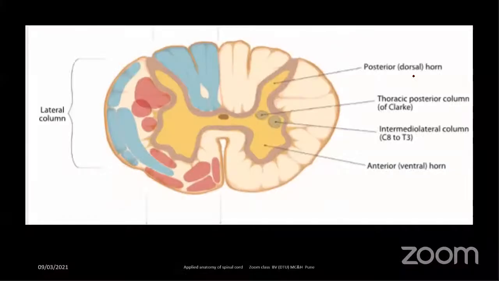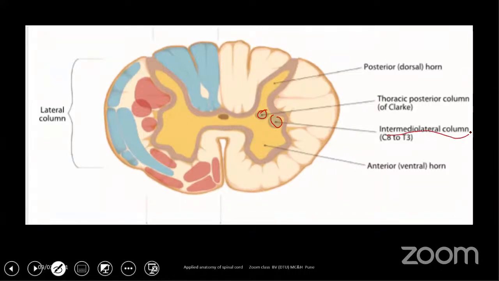So now you look at the cross section. The thoracic posterior column, Clarke's nuclei, are present here, which are important in mediating tone. This is the intermediolateral column, C8 to T3, which is responsible for sympathetic outflow. This is the anterior ventral horn.